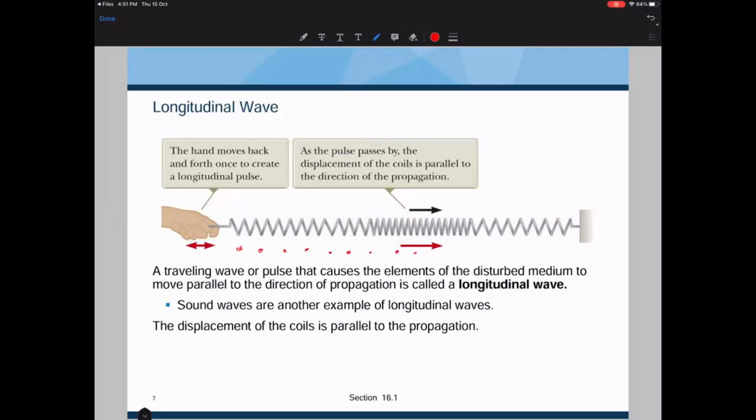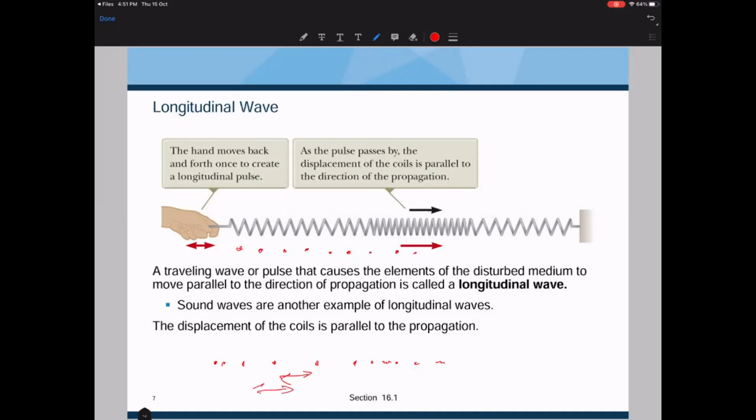When you push and pull the spring, you would have some particles suddenly coming very close to one another, and some of them getting very far away from each other. So here you see the particles are well separated because they are disturbed from their original equilibrium position.